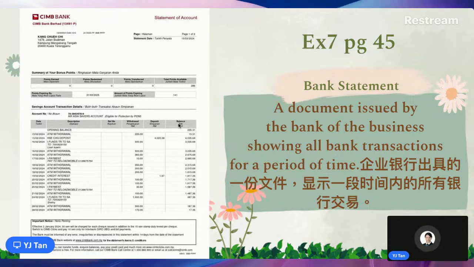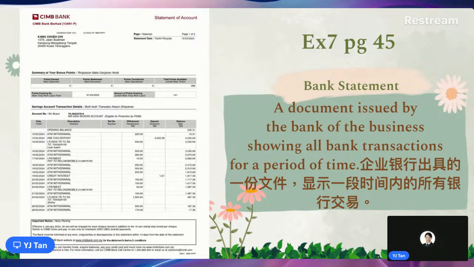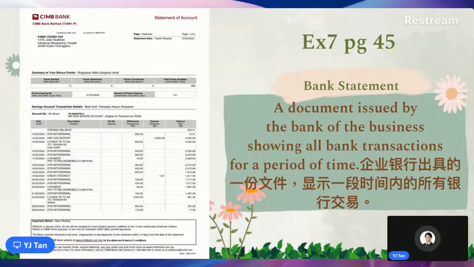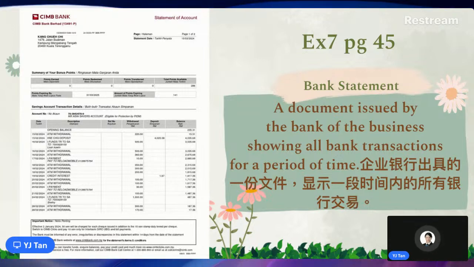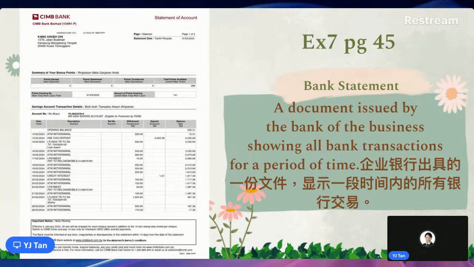Then it will show the new balance. After that, they pay somebody, and you can see there is a withdrawal of 500. Sometimes it can be an online transaction. Anything that happens to this bank account, the bank will indicate accordingly.